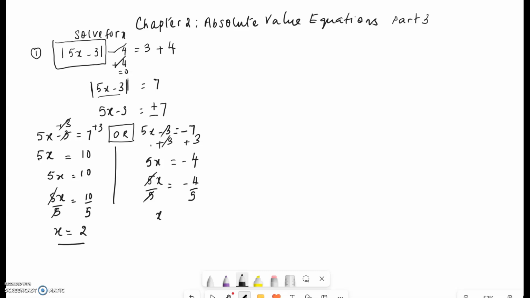Cancel the 5's and x is equal to negative 4 over 5. So the two values of x are x equals 2 or x equals negative 4 over 5. Let's do another equation.